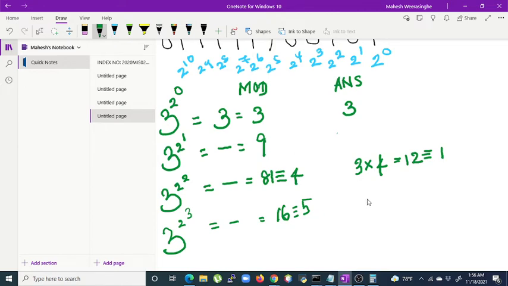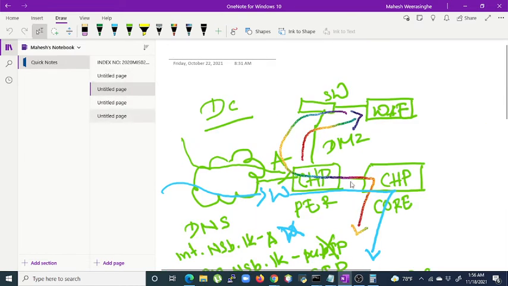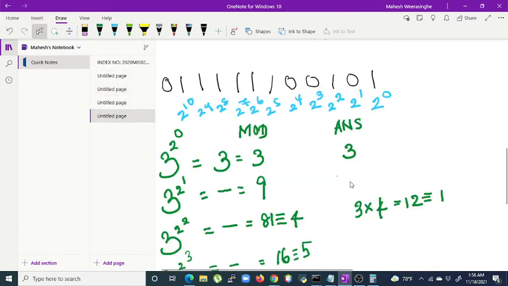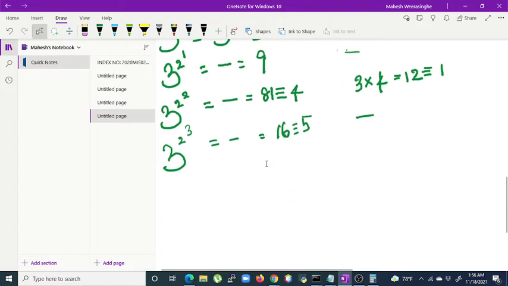Let me check whether 2 to the power 3 goes to the answer. No, because the value here is 0, so it is not going to the answer. So I think it's better if I put a dash. Not going to the answer.